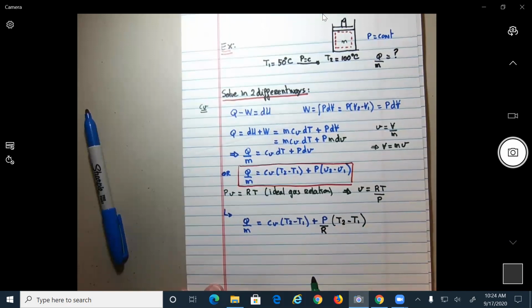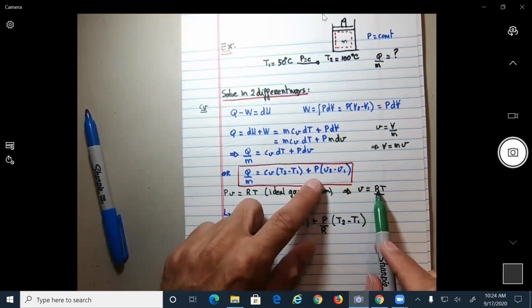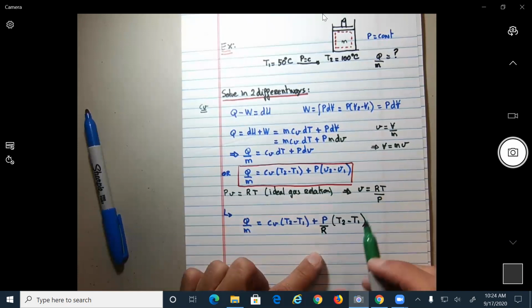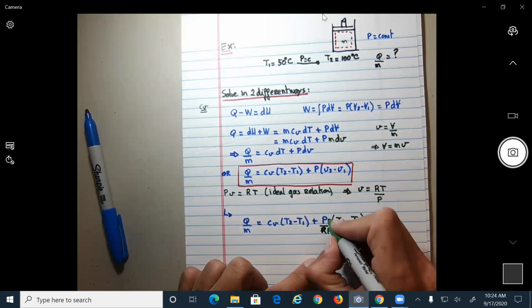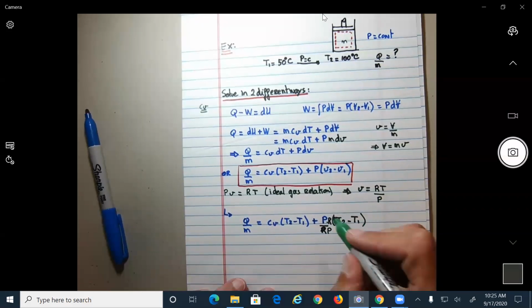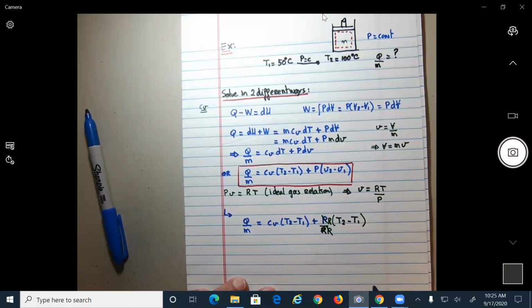(T2 minus T1). The v becomes T, I just put this outside. Actually, R should be P, this should be P, and this should be R over here. Yeah, sorry for that. What I was trying to say is that the P will cancel out.